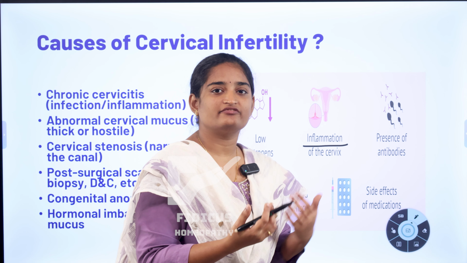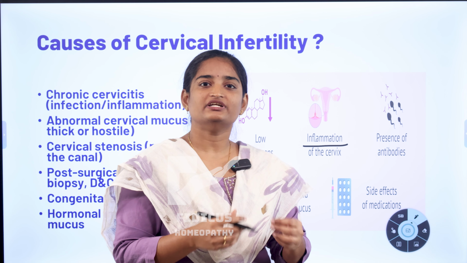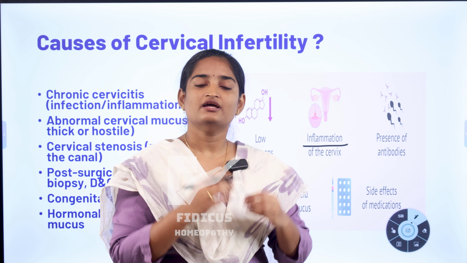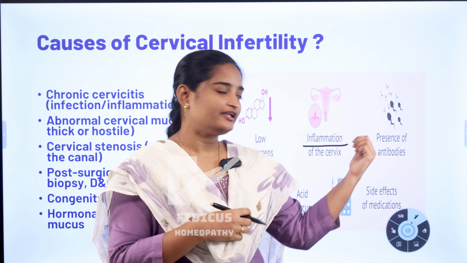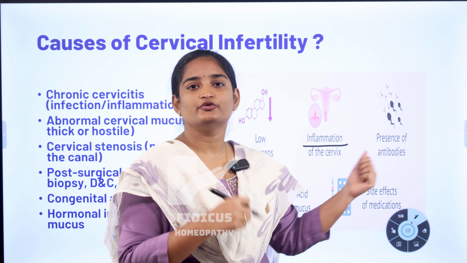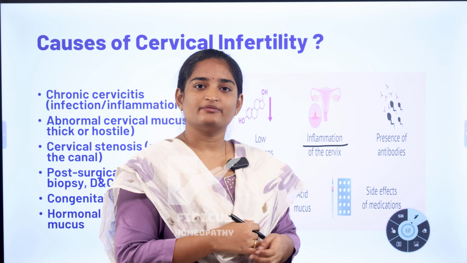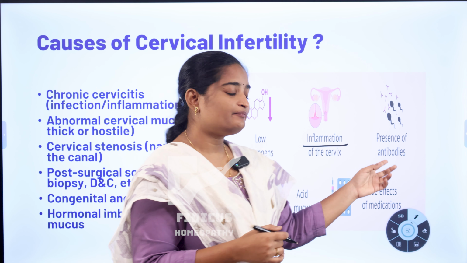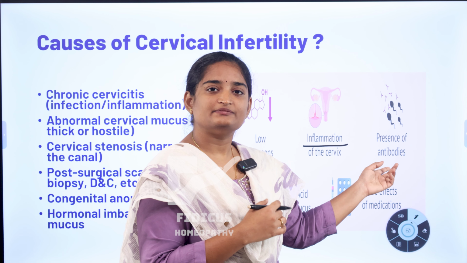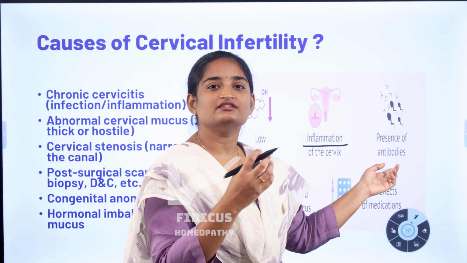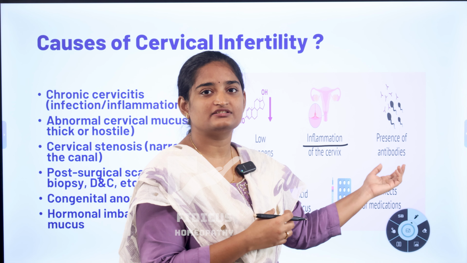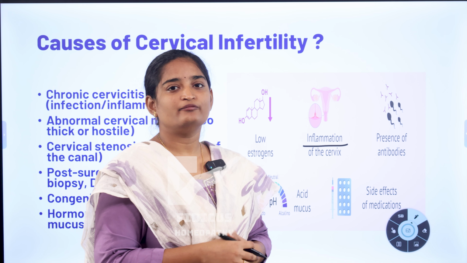Another condition is the presence of anti-sperm antibodies. Usually in female cervical mucus, the presence of antibodies is mainly due to dysfunction of the immune system or some other disturbance in the cervical glands. When antibodies are present in the cervical mucus, they can kill the sperms whenever the sperms reach the cervix. It results in infertility.